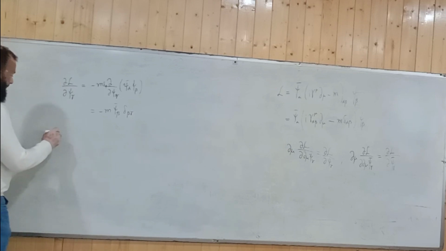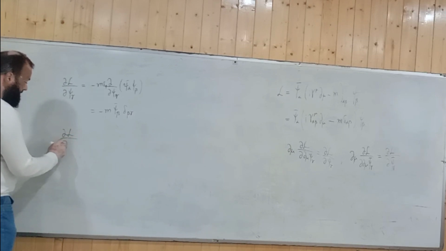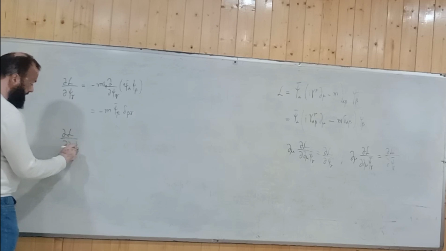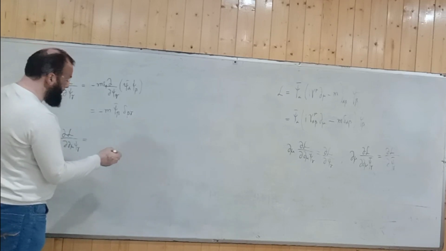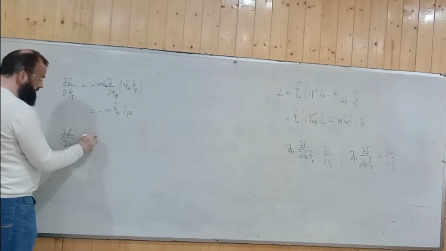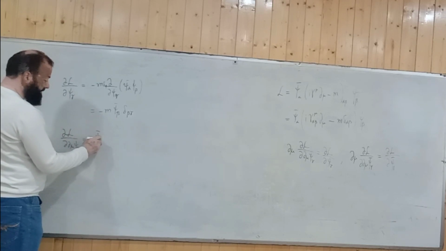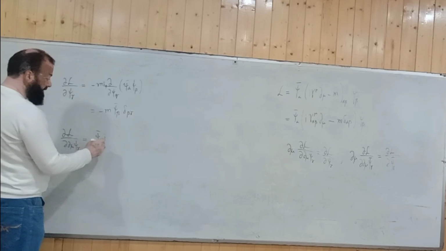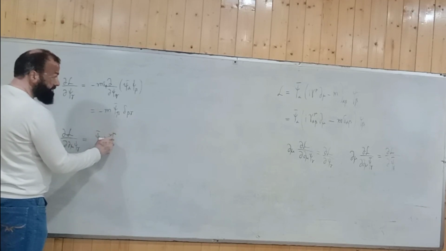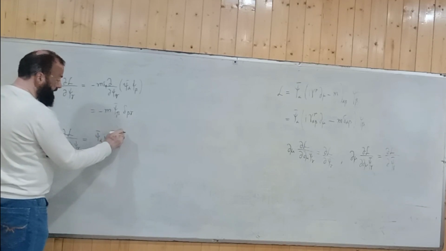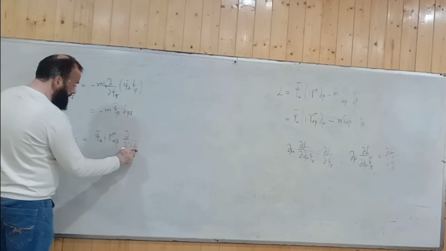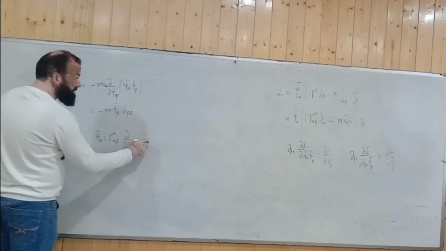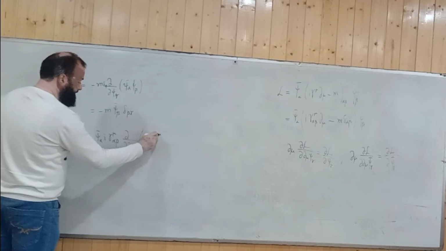Now let's take partial L by partial mu psi gamma. So how much is that? You are having the first term: psi bar alpha will come out, i will also come out, then this gamma mu alpha beta will come out. Then you are having partial by partial mu psi gamma acting on this partial mu psi beta.